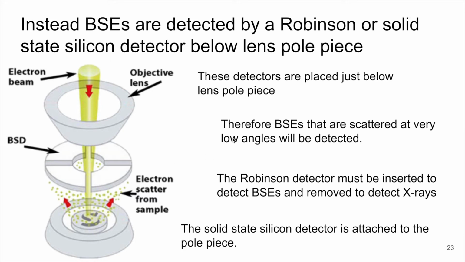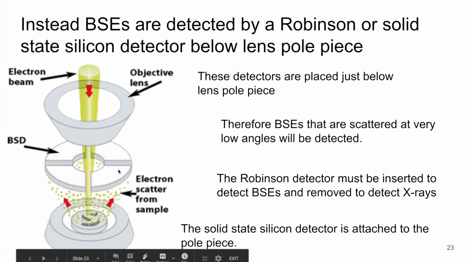This is known as a Robinson detector, or there are some solid state silicon detectors that do this as well. They're just below what we call the pole piece, which is the lowest part of the lens assembly. This is put at very low angles so that those backscattered electrons are detected.